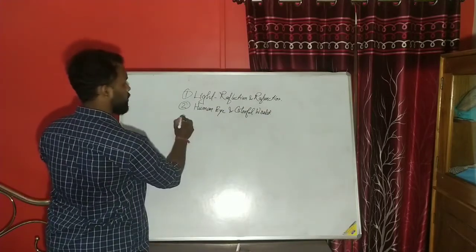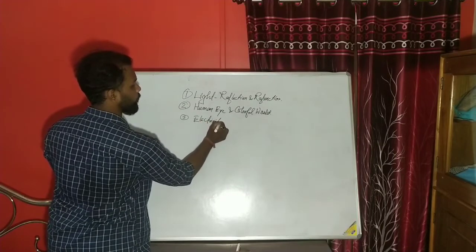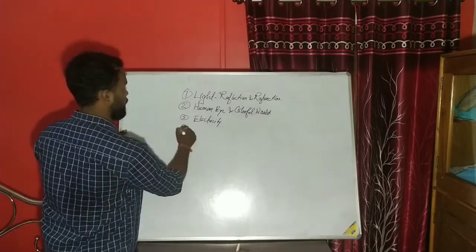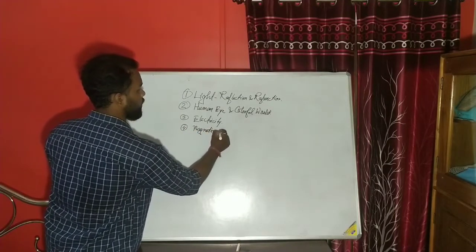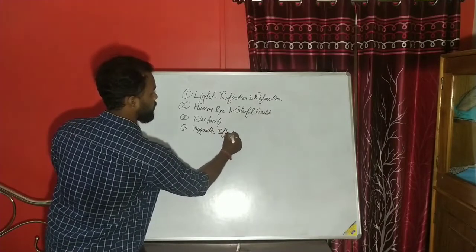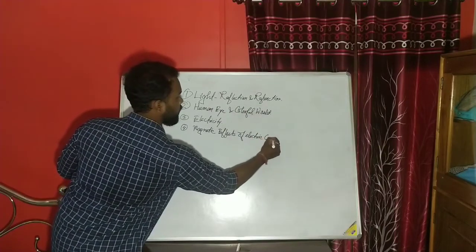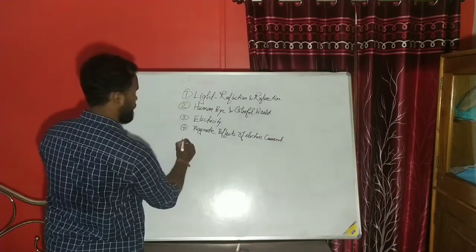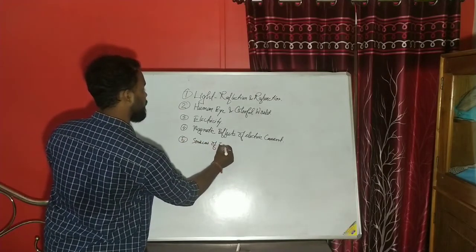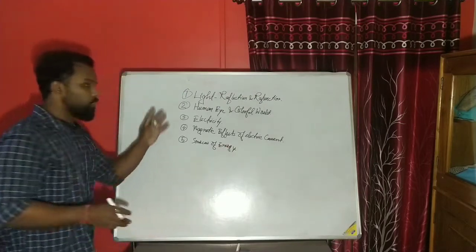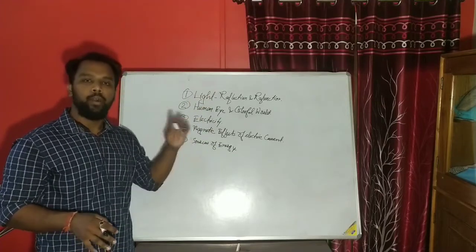The third lesson is going to be electricity. The fourth lesson is going to be magnetic effects of electric current, and the fifth lesson is going to be sources of energy. These all are our 5 lessons. We will move forward to all of these lessons one by one.